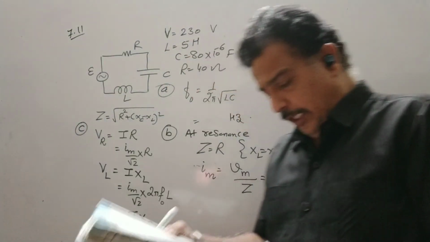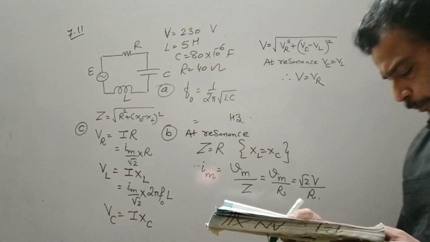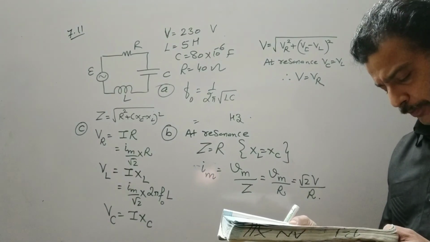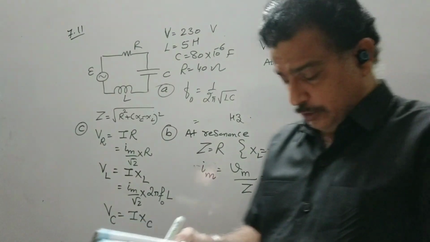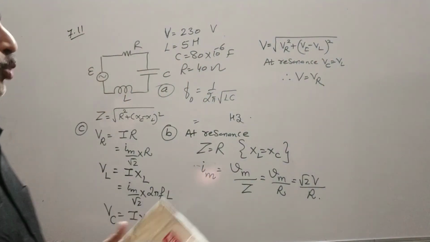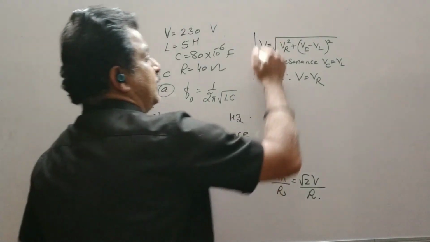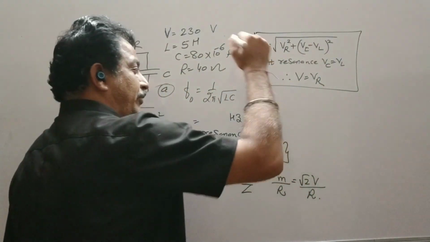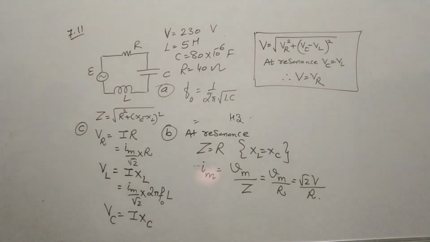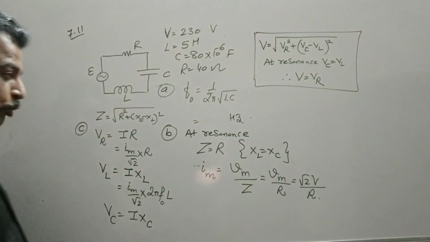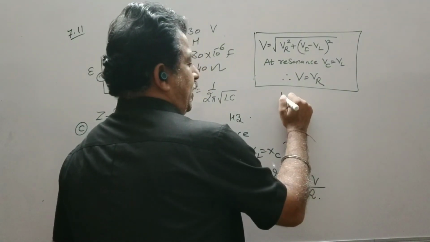Now also it is given: show that the potential drop across the LC combination is 0 at resonating frequency. So now you have to prove that VL is equal to VC. We have written this directly, as we know that VC is equal to VL at resonance. But now suppose we want to prove it, so we start like this.